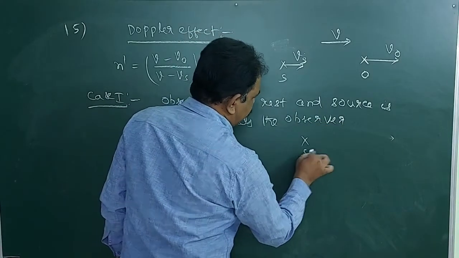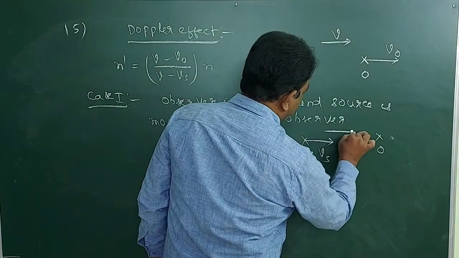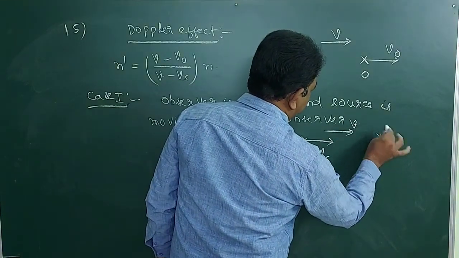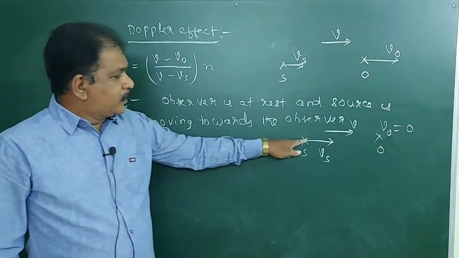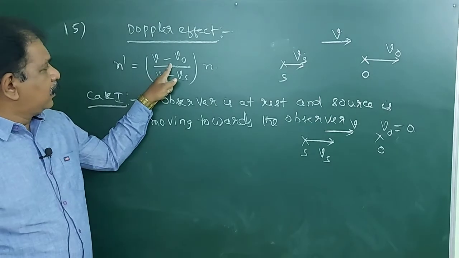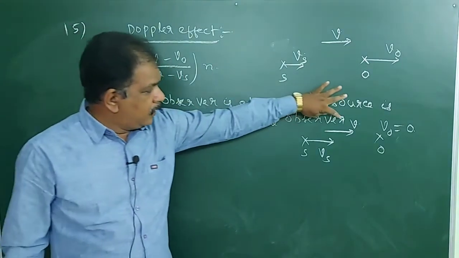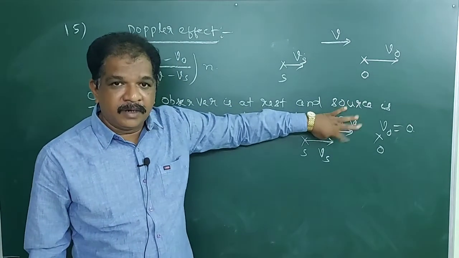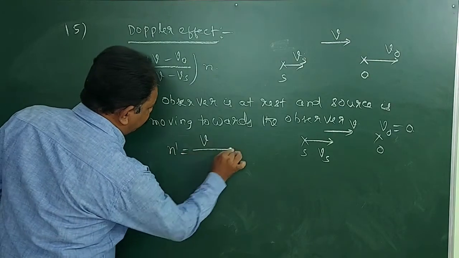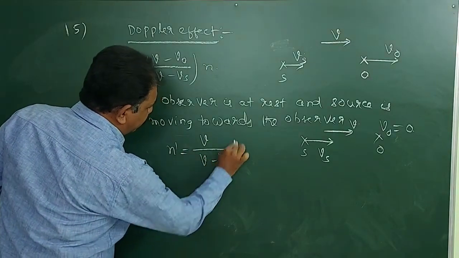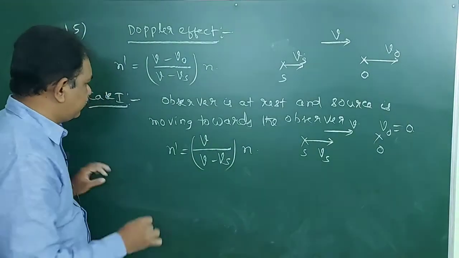Means here the source is there, here the observer is there, the source is moving like this, the velocity of sound is like this, and the observer is at rest. If you substitute these values here, VO is 0, and Vs will be plus Vs only if these are in the same direction. So here the apparent frequency formula is V by V minus Vs into N.